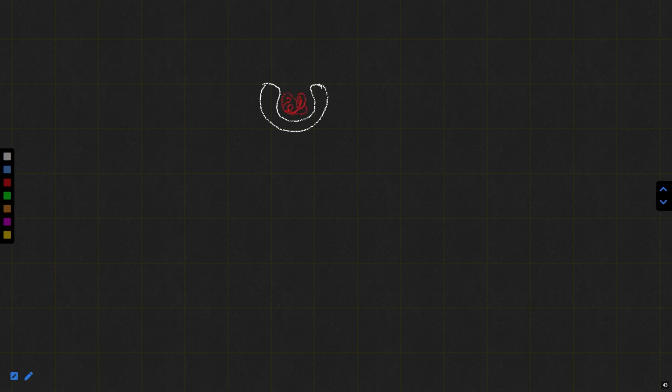This network of capillaries is known as the glomerulus. This is the network of the capillaries, and this region is known as the Bowman's capsule, which is a cup-shaped structure.